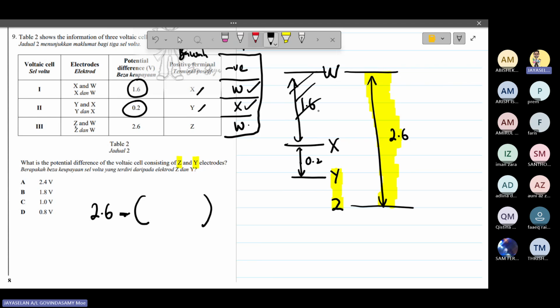Minus yang ni. Kamu dah dapat range ni. Okay, minus 1.6 plus 0.2. Calculator, find the answer. Anyone can give me the answer? Anyone?